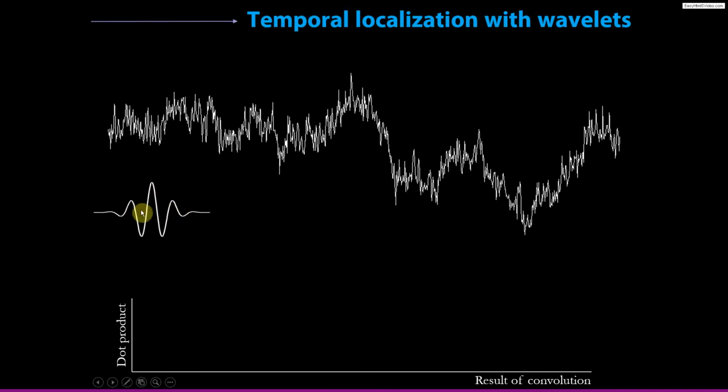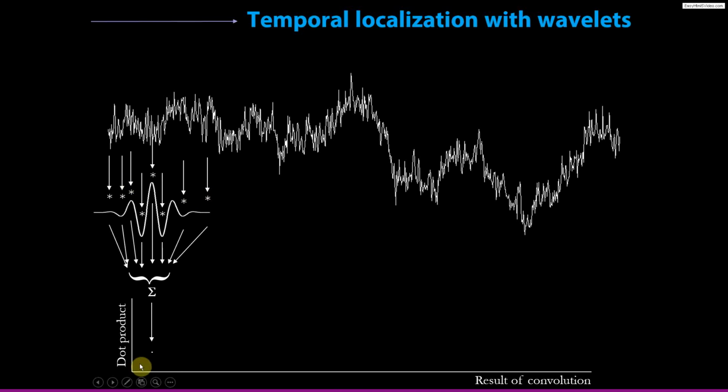Now, each step of the Fourier transform involves computing the dot product between the sine wave and the data. And each step of convolution in the time domain involves computing the dot product between the temporally localized kernel and only part of the data. So here I have the kernel lined up somewhere towards the beginning of the data, and now we're going to compute the dot product, and of course you know that it's just the element-wise multiplications, and then you sum them together.